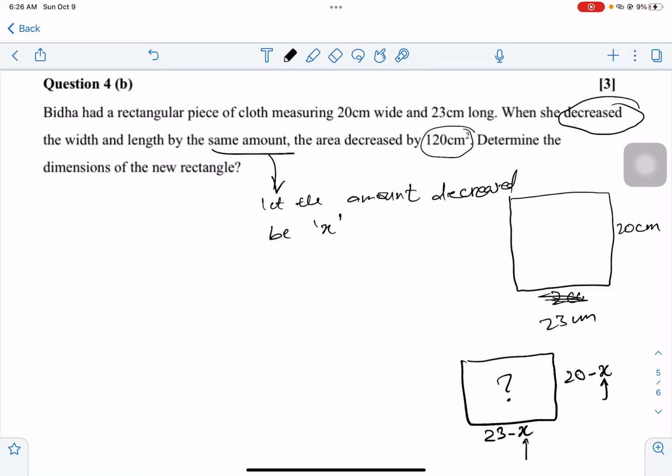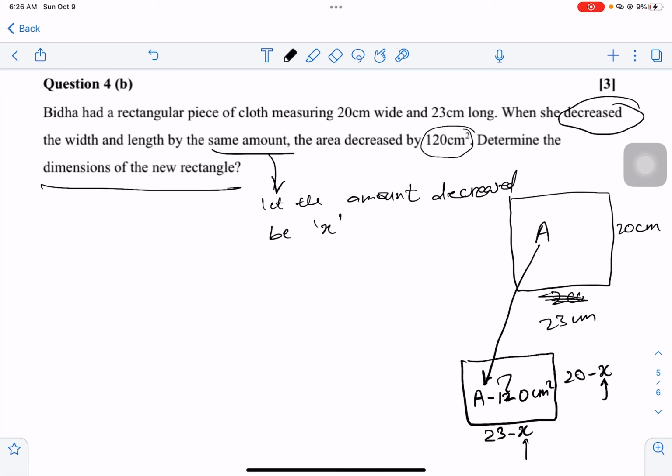So from the original area A, it has been decreased by 120 centimeter square. So determine the dimension of the new rectangle.